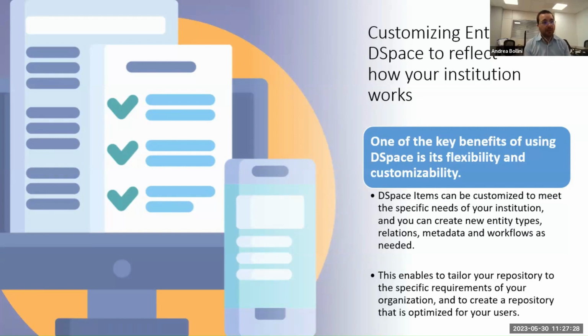As anticipated, DSpace allows you to create your own data model, to configure the relations among the entities, and to define which workflow and metadata you need to use to describe each individual publication. So the message here is that you have a very rich toolbox in DSpace that allows you to perfectly match your specific requirements.